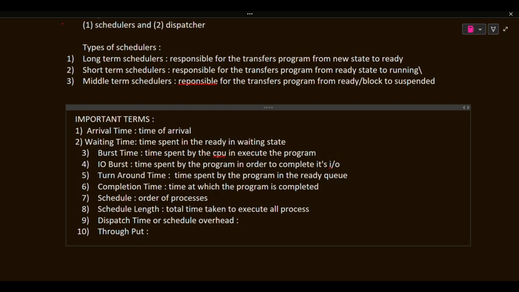The time required by the dispatcher to switch, which is also known as context switching, is called the dispatch time.